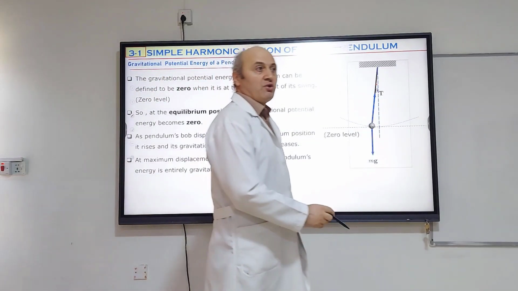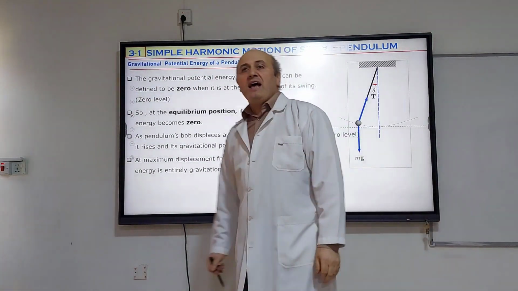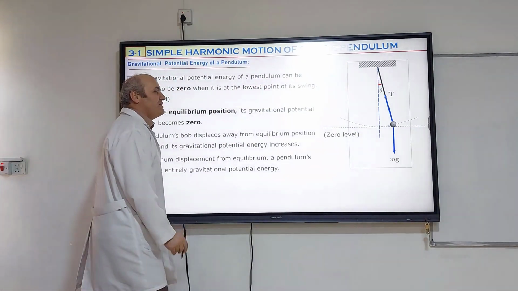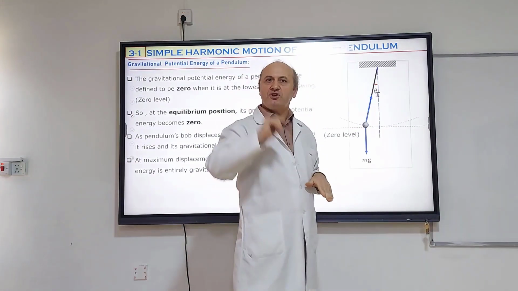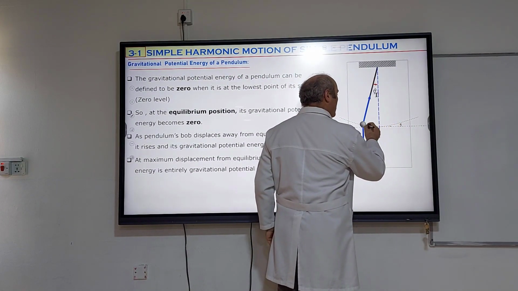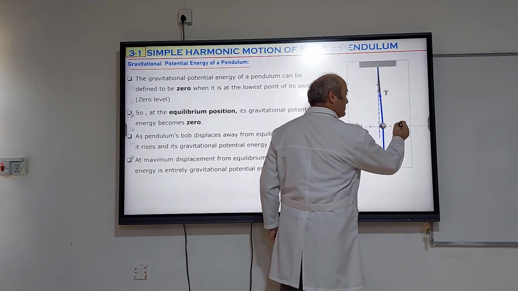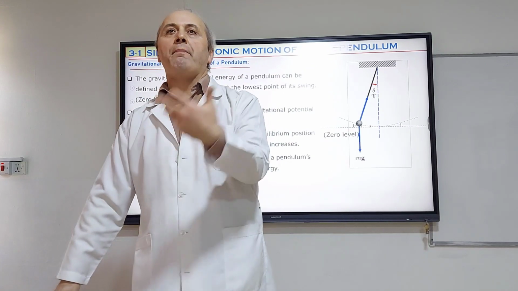Next one: the gravitational potential energy of the pendulum's bob. As this pendulum is swinging, you see that its height from the lowest position continuously changes, rising on the left, rising on the right. As the height of an object is changing, what happens?